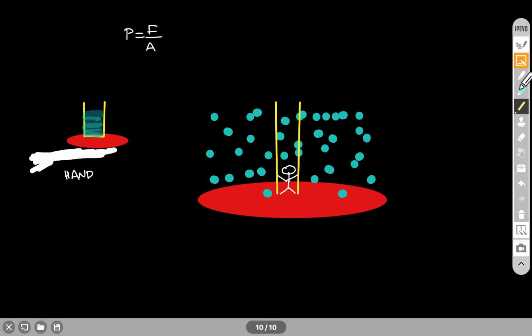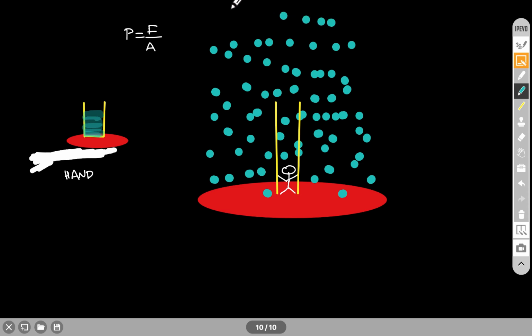Now, again, if I keep adding more and more, there will be more weight, there will be more air molecules here, and that means that the person now will need to support an even greater weight because there are even more air molecules around.